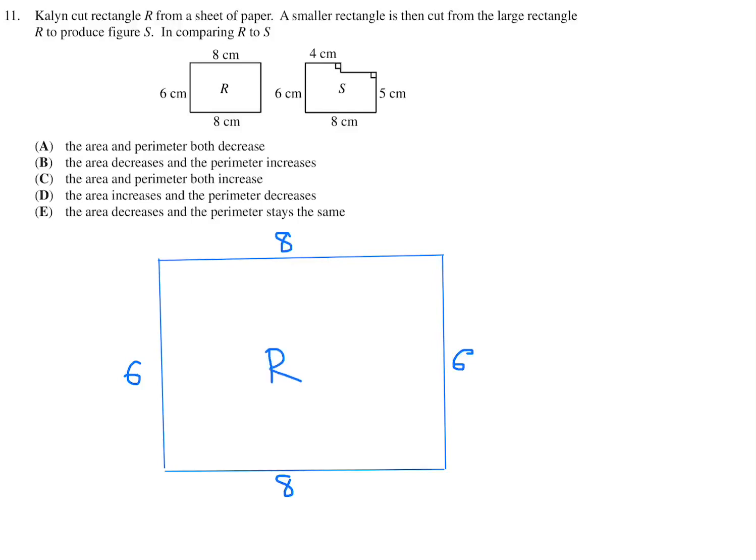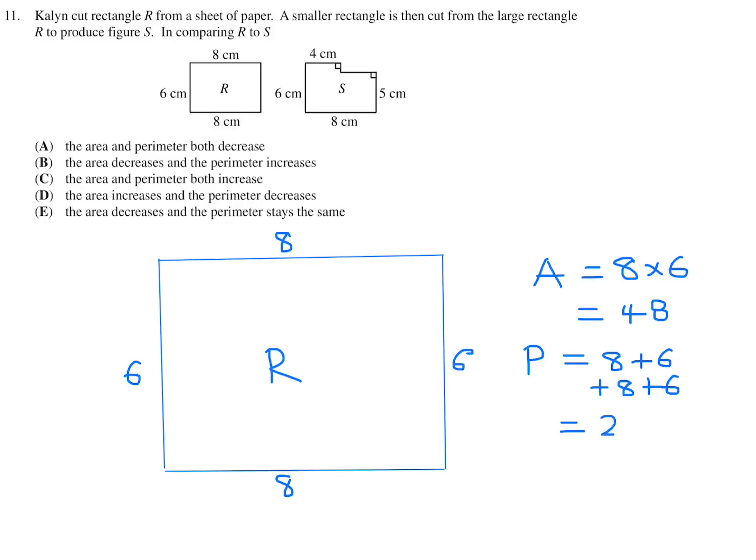So for R, the area is going to be just length times width, which is 8 times 6, which is 48. And the perimeter is 8 plus 6 plus 8 plus 6. So that looks like 28.